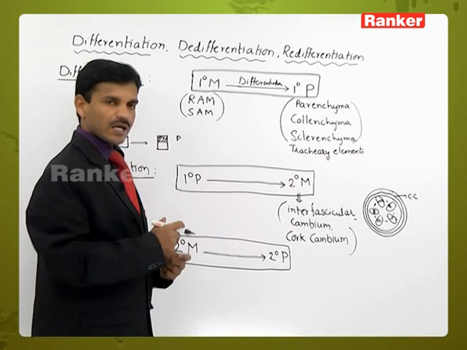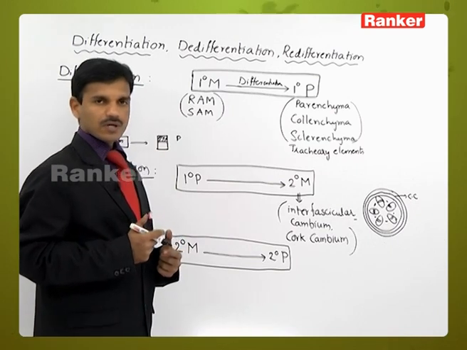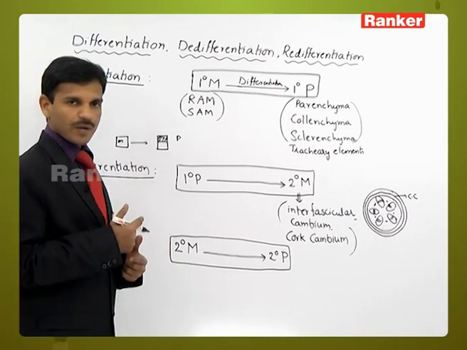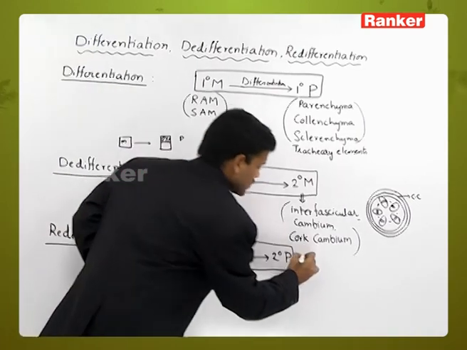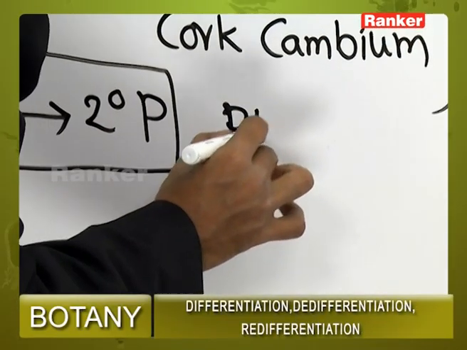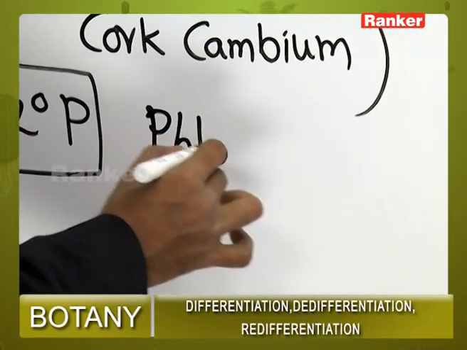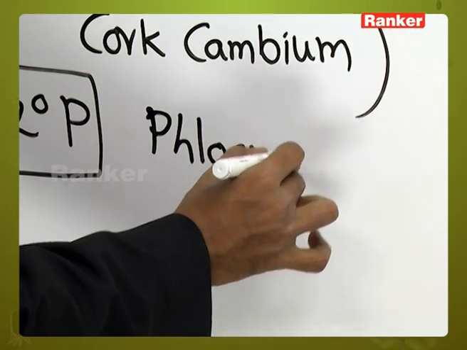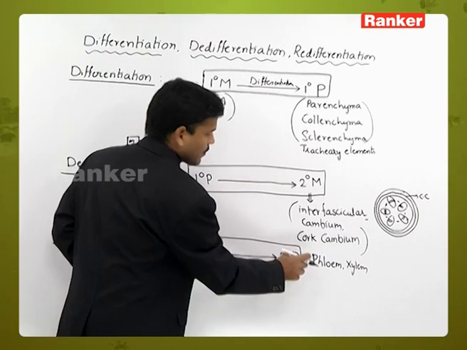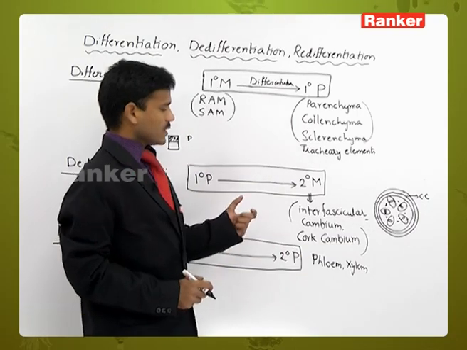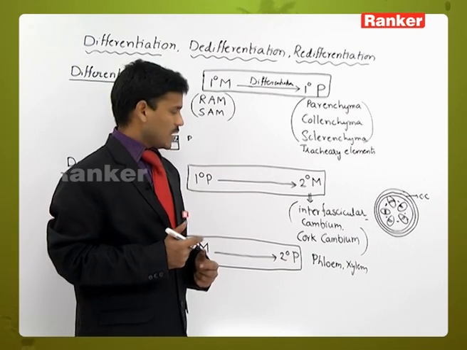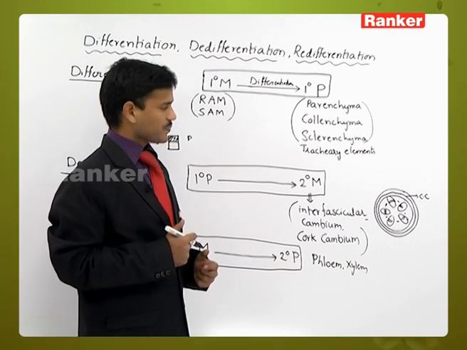During secondary growth, the interfascicular cambium produces xylem and phloem, phloem outside and xylem inside. So phloem and xylem are produced by the interfascicular cambium. Phloem is outside the cambium and xylem is inside the cambium.